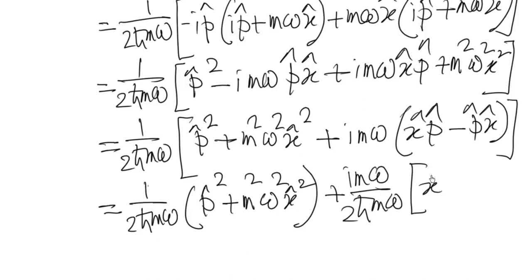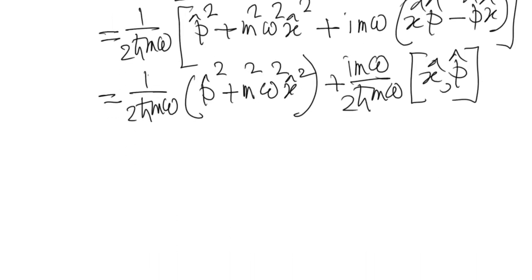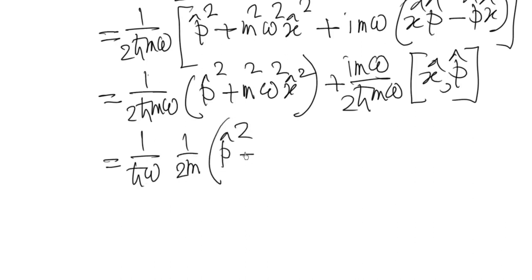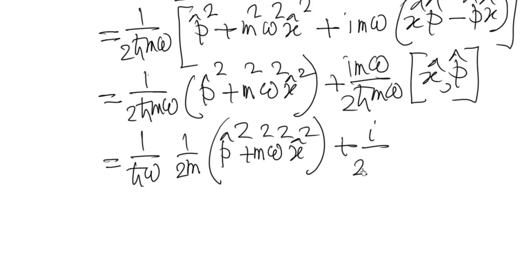And this is the commutator of x and p. And we know the commutator of x and p is i h cut.